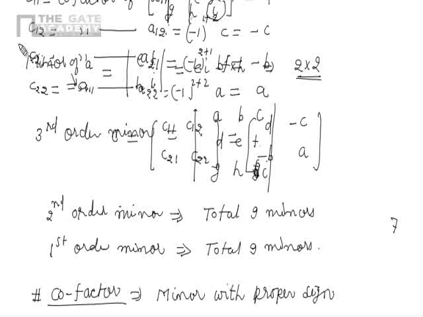Now the next is I need to find out the adjoint in order to find out the inverse. So adjoint of matrix A is nothing but the C transpose.